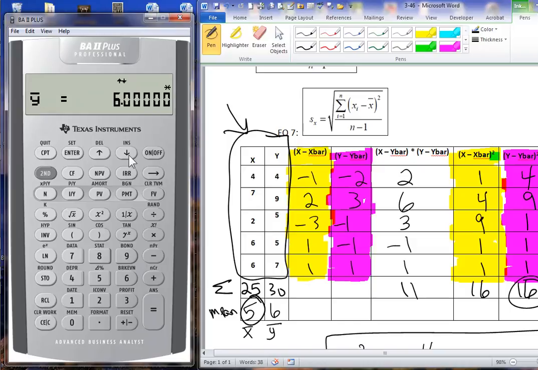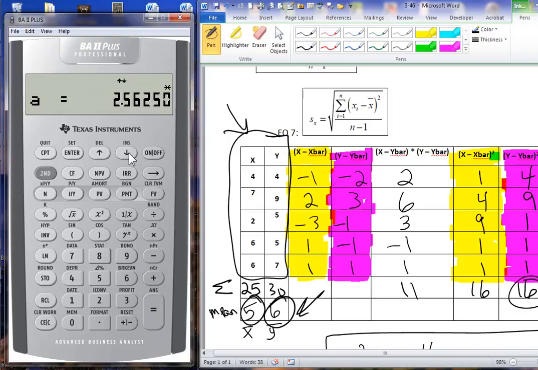The y average is 6 as we computed right here. Standard deviation of y, also in the manual calculations I showed you, was 2. If I were to compute the population standard deviation, it would be 1.79 rounded. A is the point of intercept.